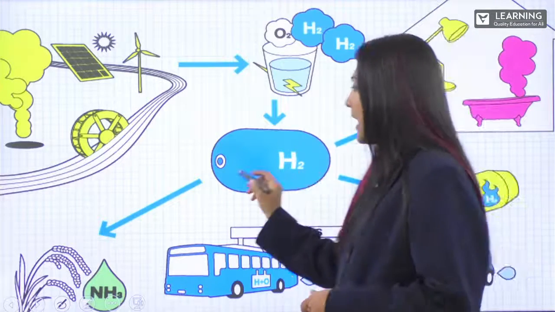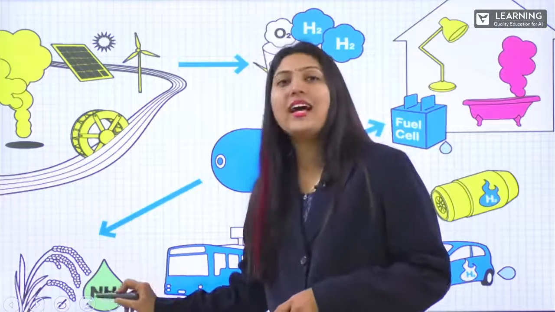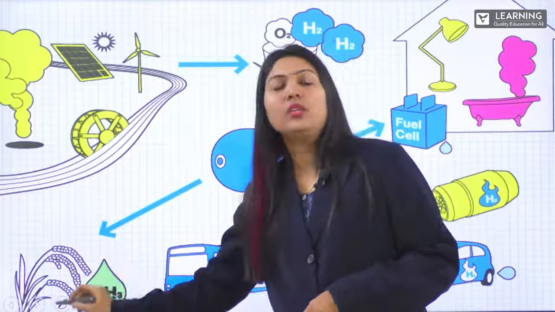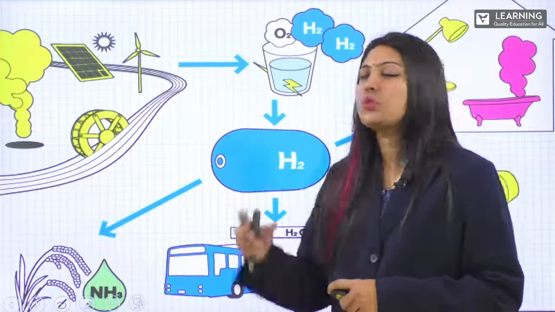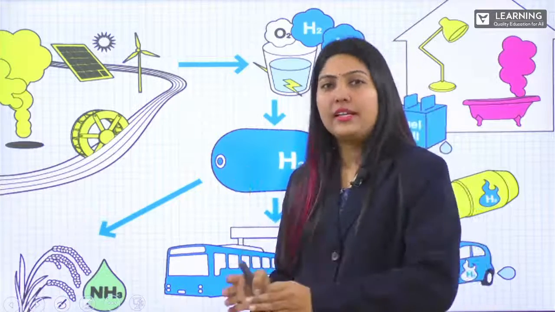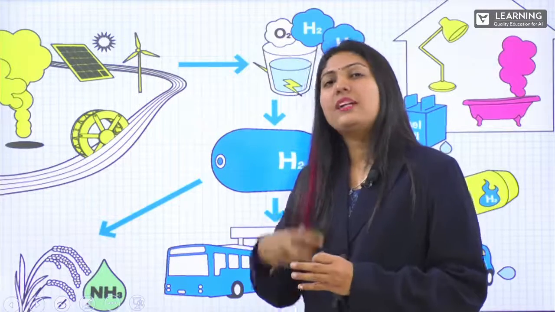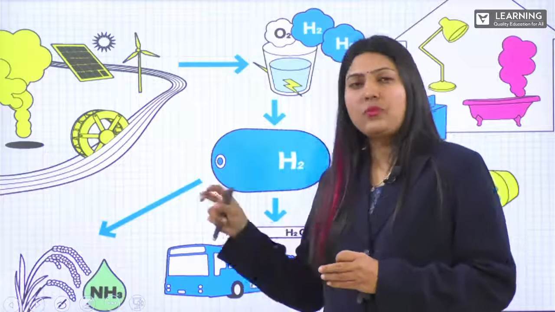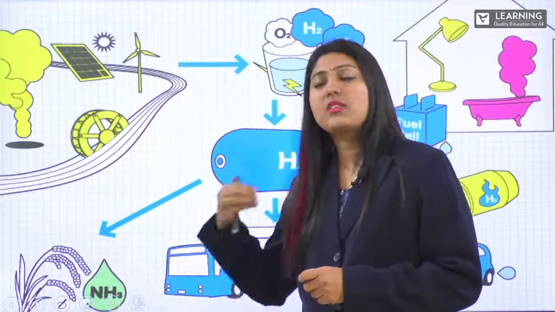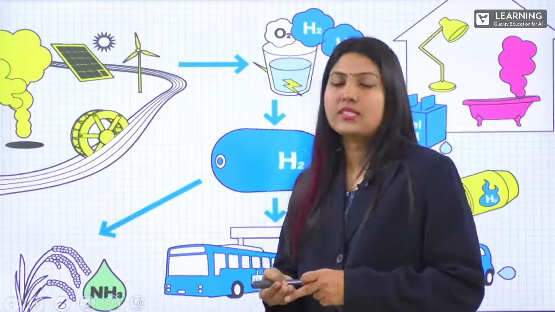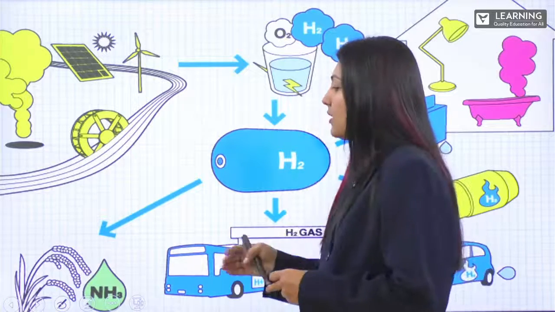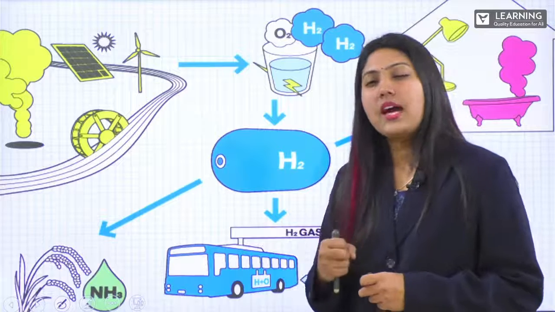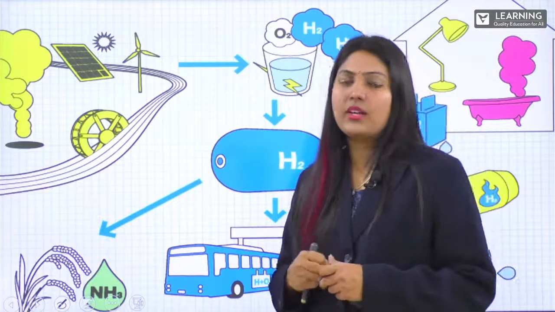So you can see hydrogen has been converted to ammonia and it is used as a fertilizer, because we know nitrogen is very much important for the leguminous plants or the plants which produce proteins, like groundnut and peas, which all require nitrogen because they are rich in protein.